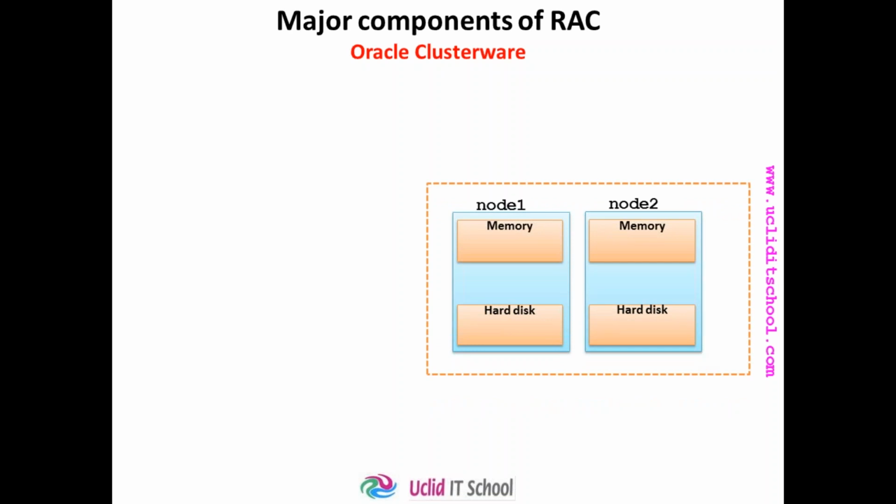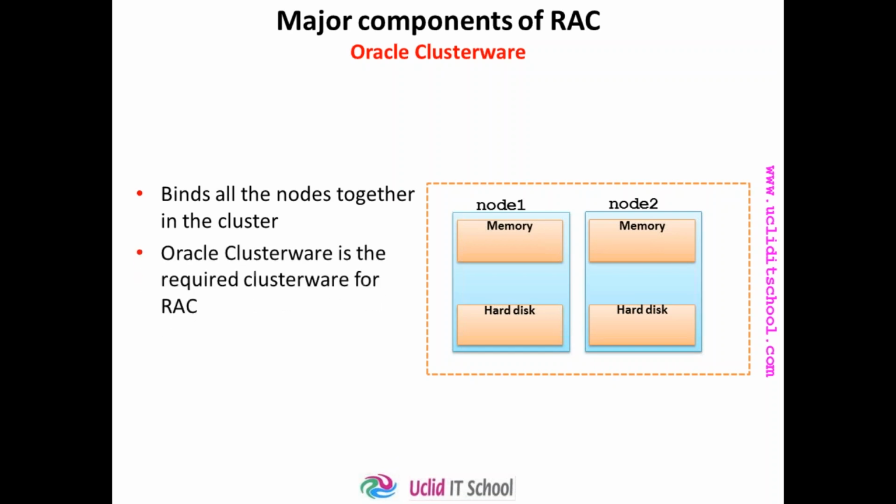Every node has its own memory, its own local storage. So Oracle Clusterware implements the cluster, binds all the nodes together in the cluster, and it is required for RAC. It is compulsory. Without that, you cannot implement a RAC.